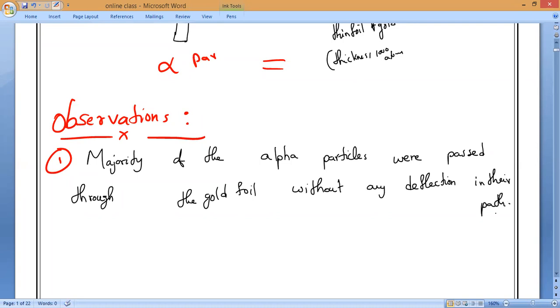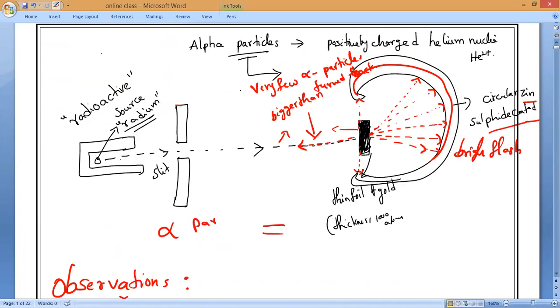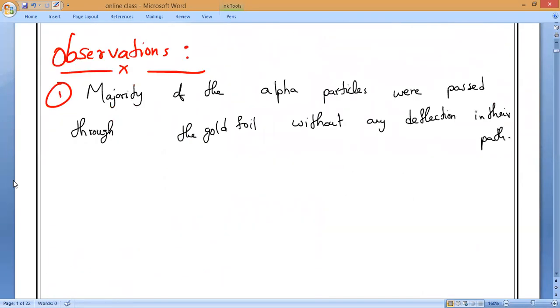Next, he noticed, have you noticed it? Here and here you notice. If you imagine the screen is here, very few particles only show the larger deflection. Have you noticed it or not? I mentioned here also. In yesterday's picture, if you have it, you can see few alpha particles showing major deflection. Clear? That is the second observation.